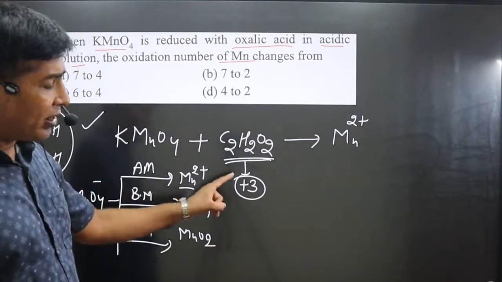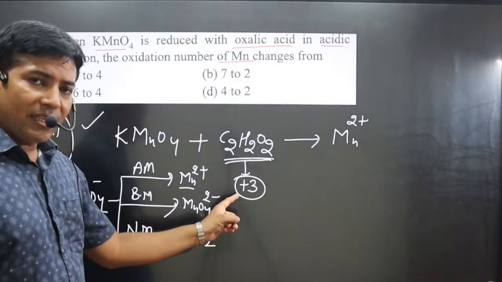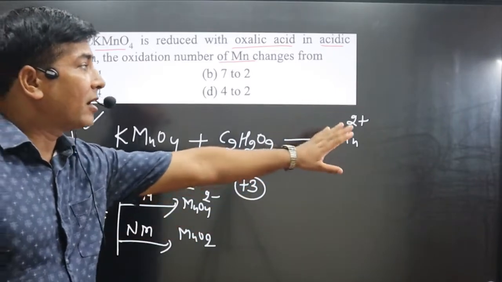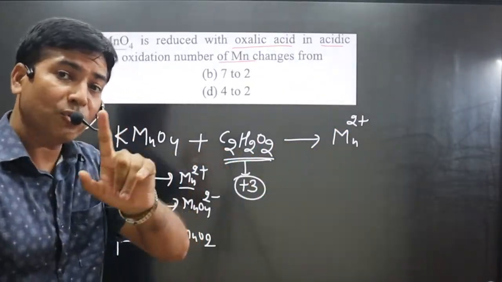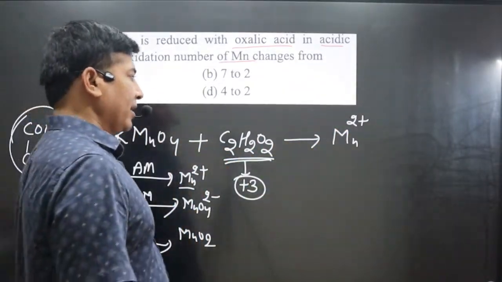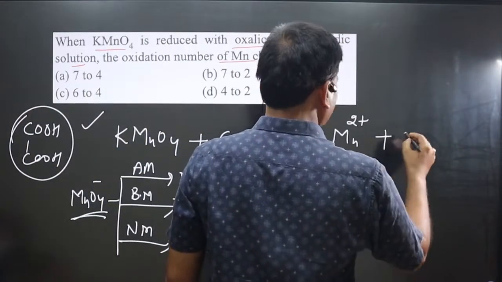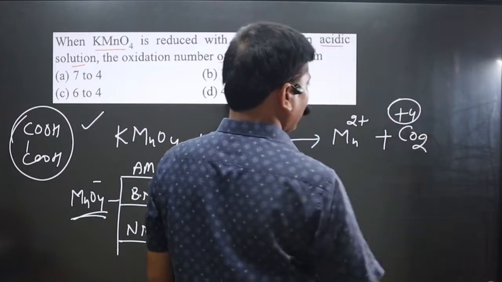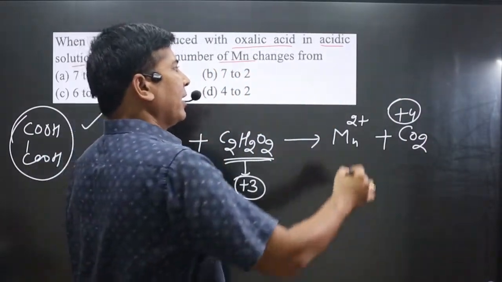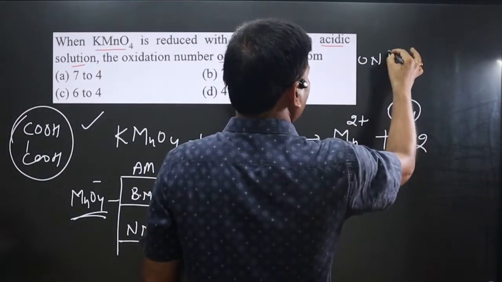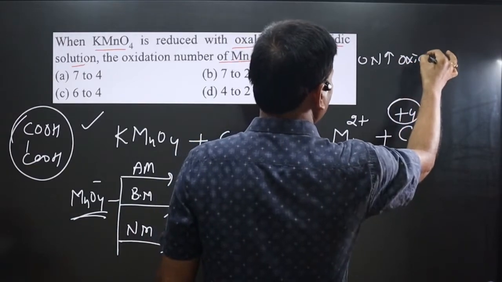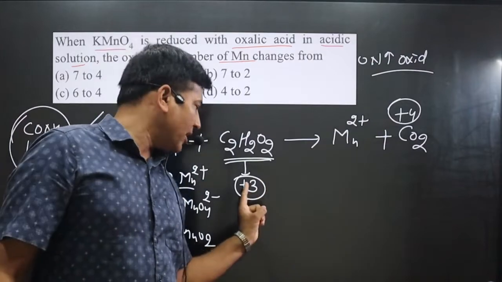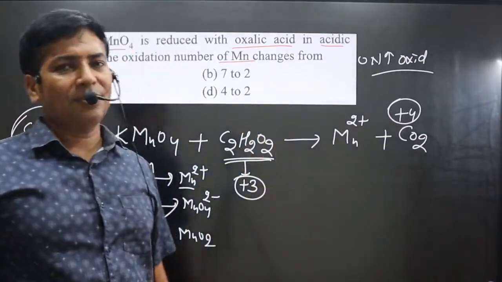When its oxidation number increases, the carbon in the product is supposed to be +4 only. This is how oxalic acid converts into CO2, because carbon is present in its highest oxidation number, and we have learned an increase in oxidation number is always an oxidation reaction. So you can see carbon is undergoing oxidation because there is an increase in the oxidation number of carbon.